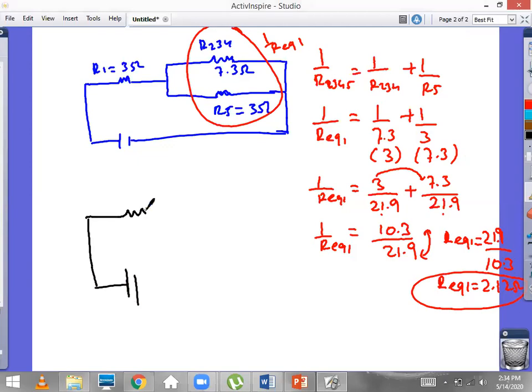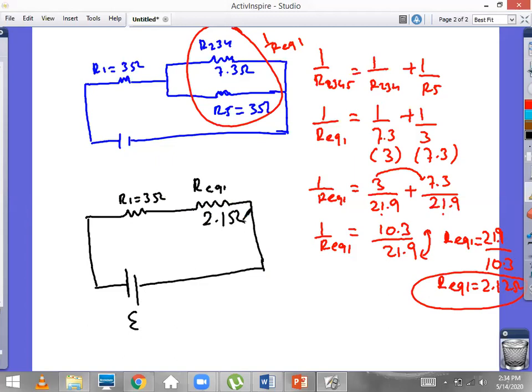We have R1 over here and we have R equivalent 1 here. Here we have EMF. Here R1 is 3 ohm, and R equivalent 1 we found as 2.12 ohm.